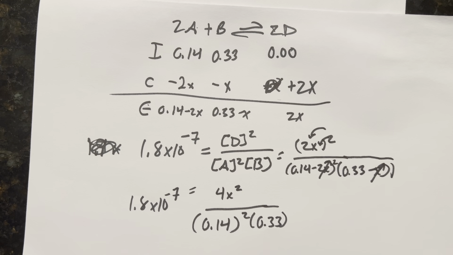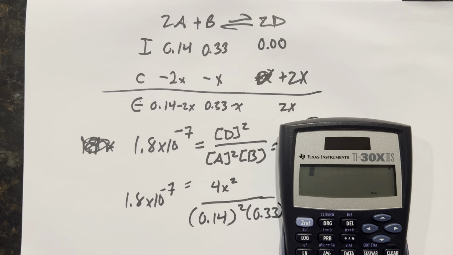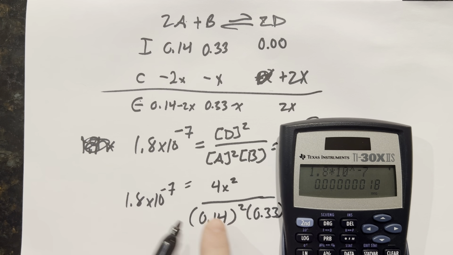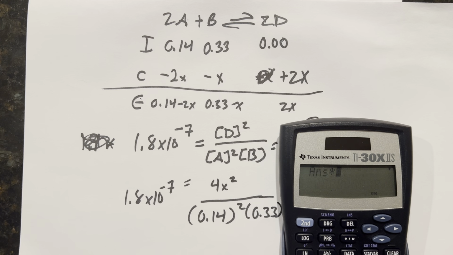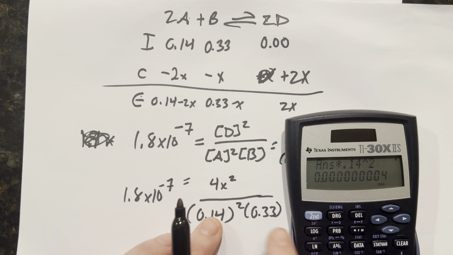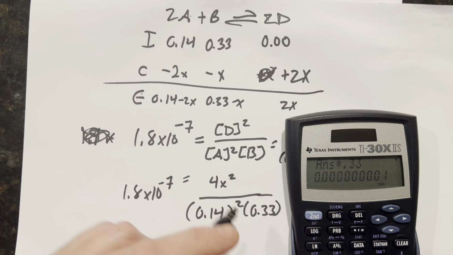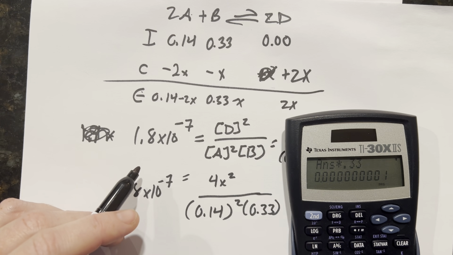All right, so now let's go ahead and solve. 1.8 times 10 to the negative 7. I'm going to multiply it by 0.14 squared. And then I'm going to multiply it by 0.33. So now I move these guys over there. Now I have to divide it by 4.